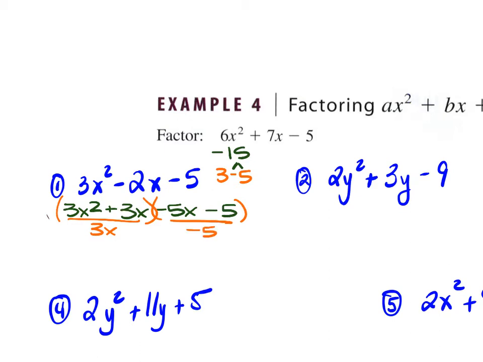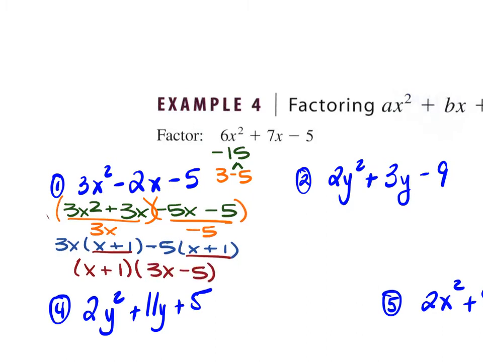So this turns into 3x times x plus 1 minus 5 times x plus 1. Since those two parentheses are the same, we're going to have one set that is the x plus 1, and then we'll make another with the 3x minus 5. So our factored out trinomial ends up being x plus 1 times 3x minus 5.